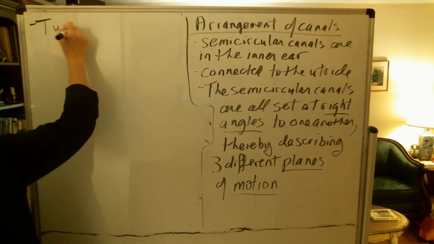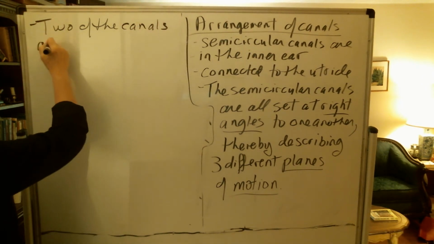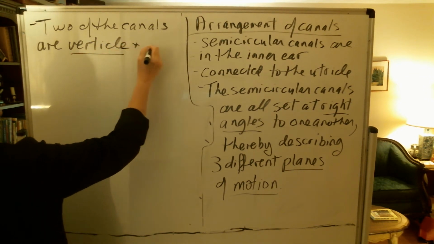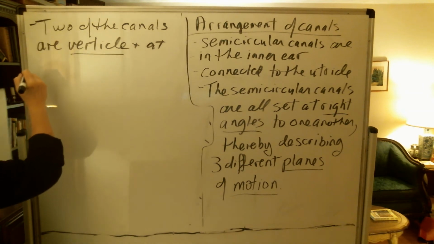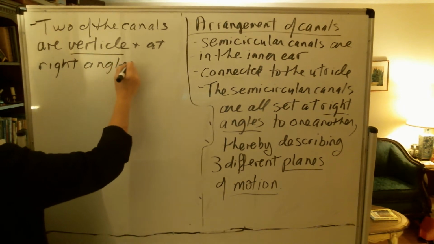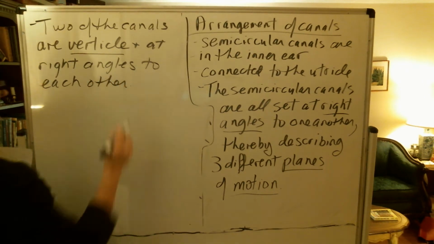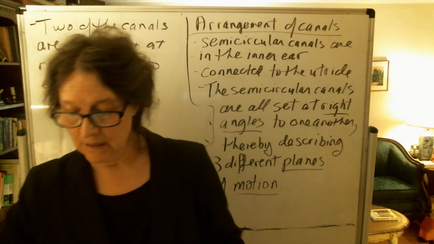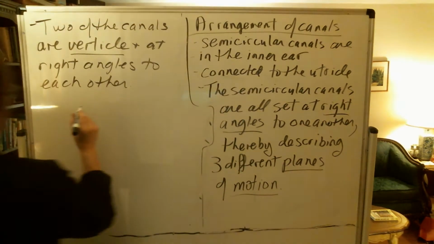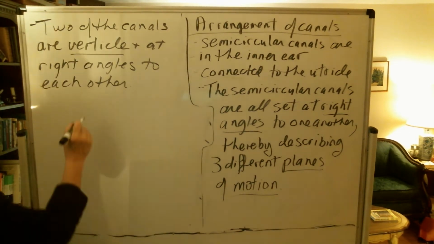So, two of the canals are vertical and at right angles to each other. So you can imagine these then like an open book that you have standing up. So here we have our open book. Let's do it like this. Here's our book.